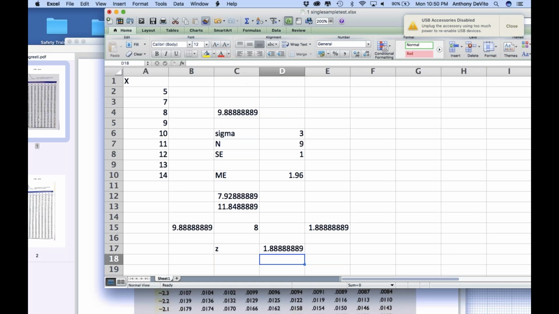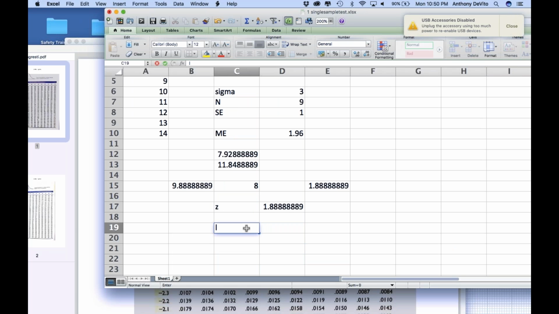Another way of saying that you're 95% certain is to say that you're less than 5% chance that you would be wrong if you said that these two means were different.